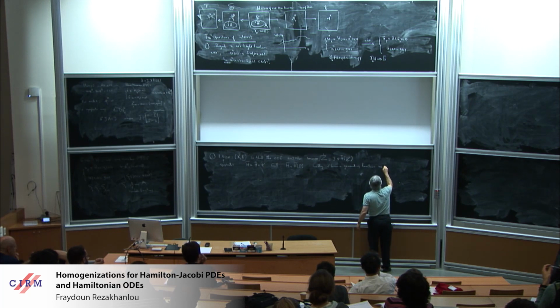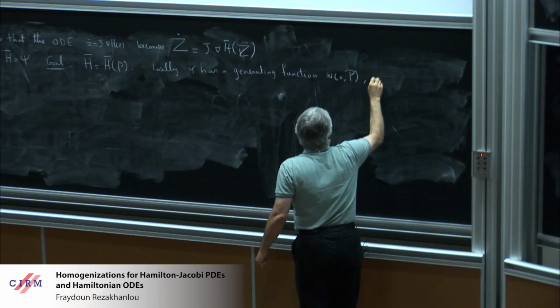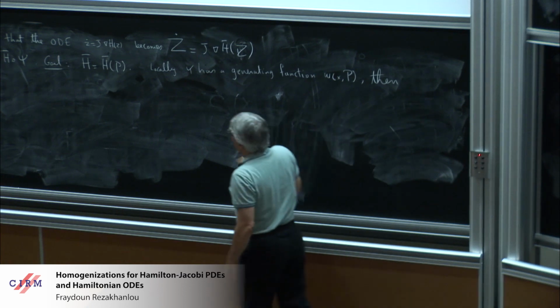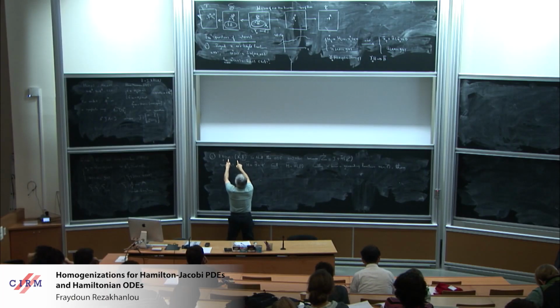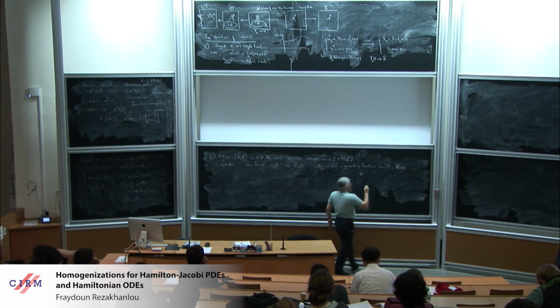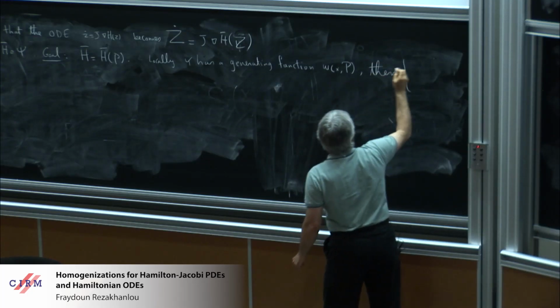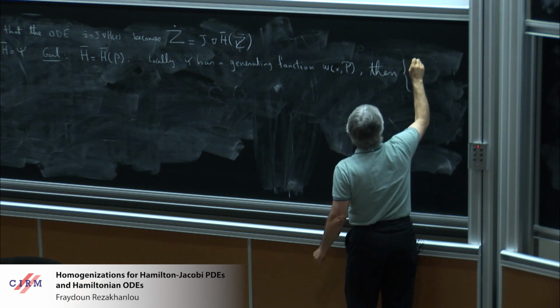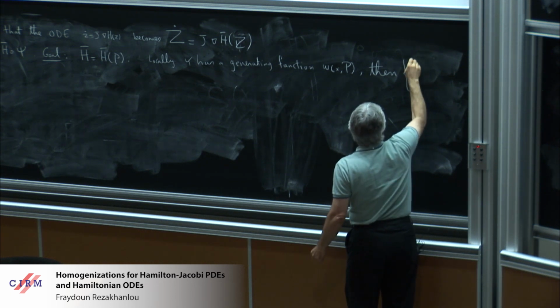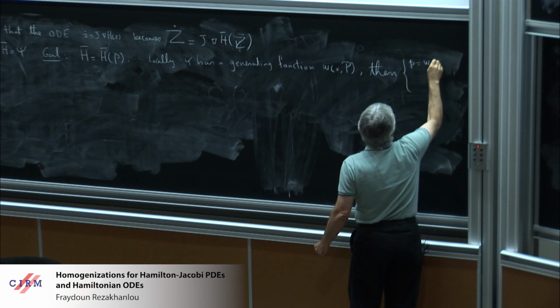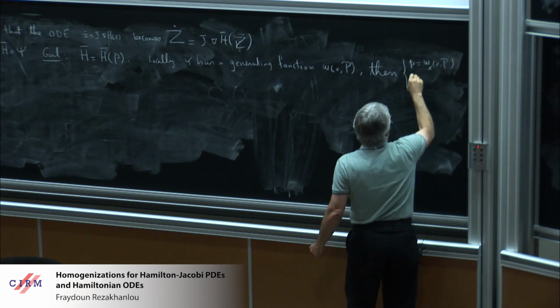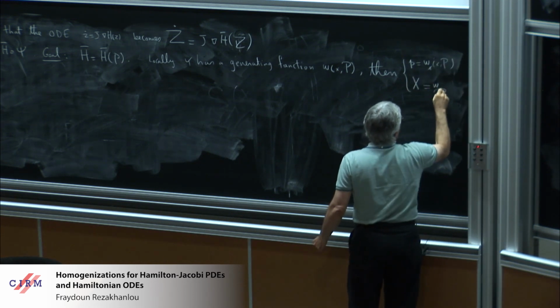for example, W that depends on lowercase x and uppercase P, then you can recover the other two variables in the following way. Namely, for example, the lowercase p would be W_x(x, P), and the uppercase X would be W_P(x, P).